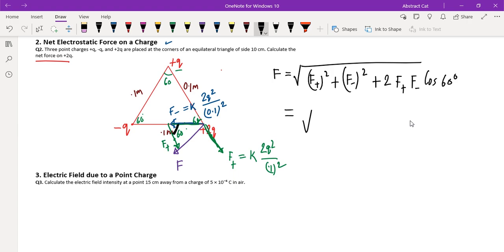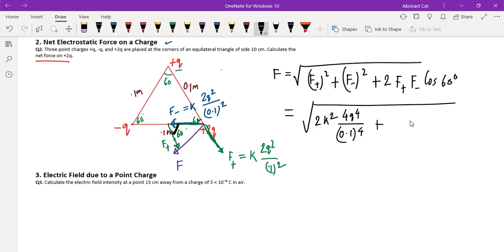So F plus and F minus, their magnitudes are the same, so they are just added. Twice F plus square means K square times 2 square, that is 4 Q to the power 2, square that is 4, over 0.1 whole to the power 2, square that is 4.